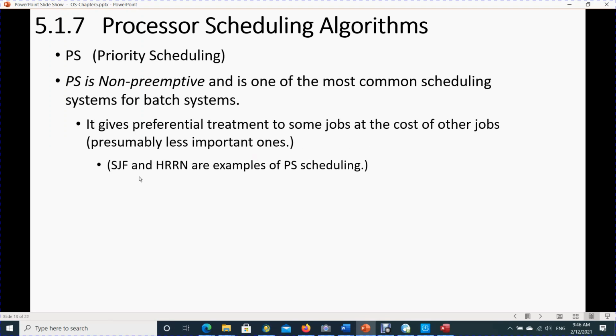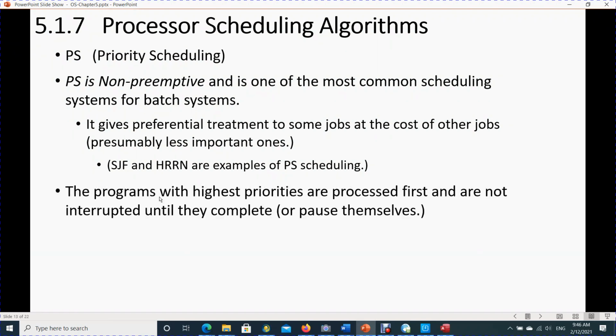We've seen examples of PS, priority scheduling: shortest job first and HRRN are examples of priority scheduling. Programs with highest priorities are processed first and not interrupted. They're allowed to complete or to interrupt themselves for I/O or other reasons.